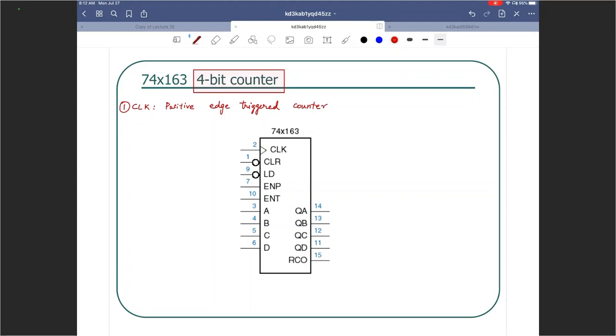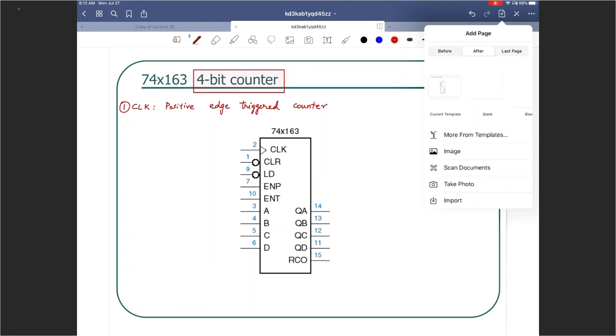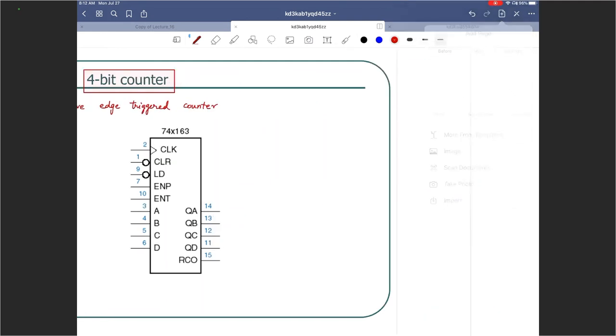That means that the output of the counter is going to increment by 1 soon after the positive edge on the clock input is observed. The output of the counter, we are calling QA, QB, QC, QD.